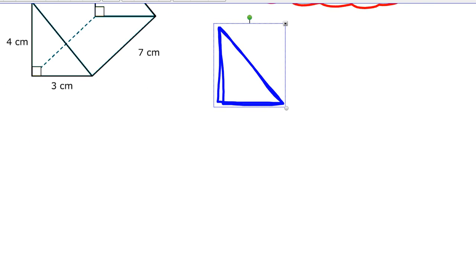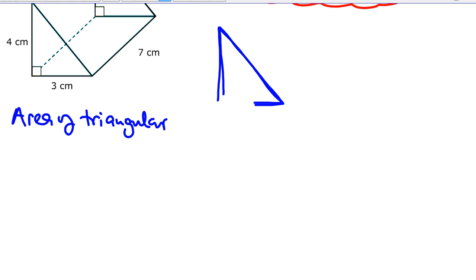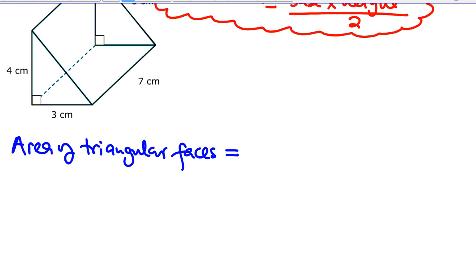So we can start by saying that the area of triangular faces, I can erase this, I don't need them anymore. So triangular faces will be equal to, and what I have here is 4 by 3, so 4 multiplied by 3 divided by 2.